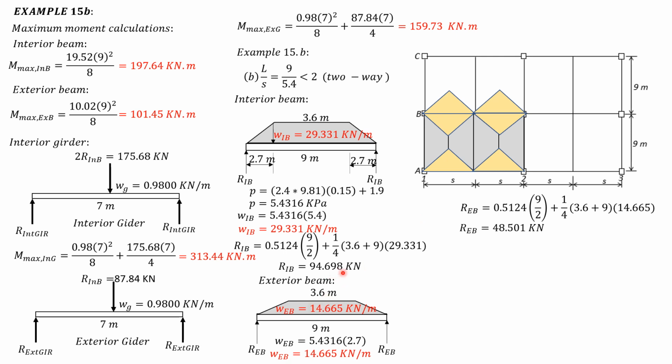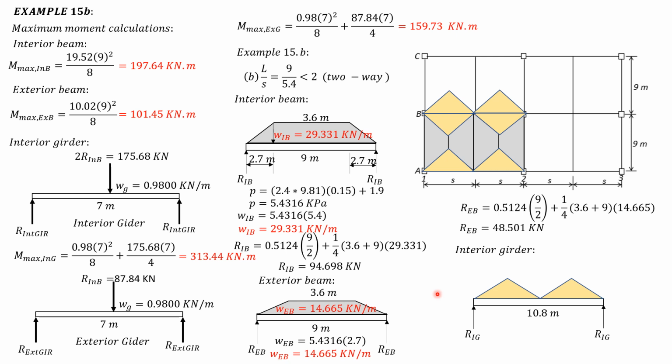So times 2, that would be the concentrated load at the center of the interior girder. And we have also two triangular loads with intensity equal to 29.331. This one is S over 2, this is S over 2 also, so times S. So W for the interior girder is 29.331.